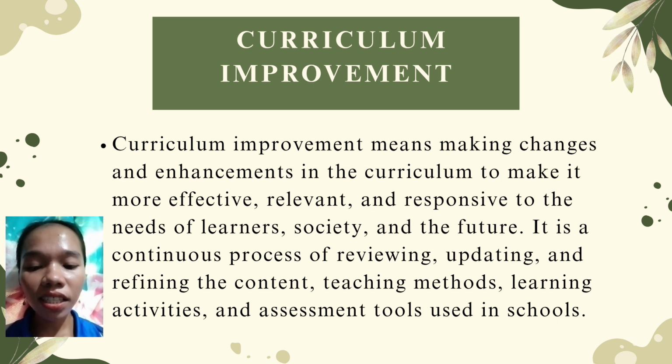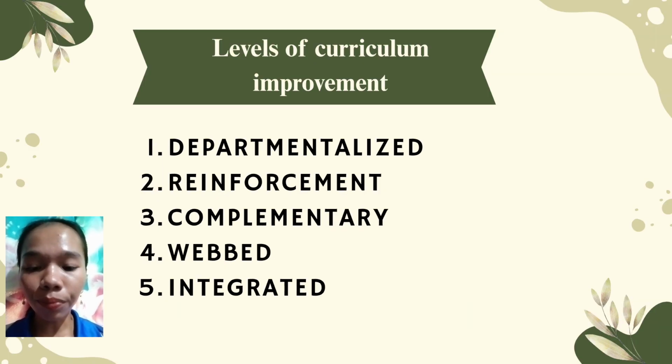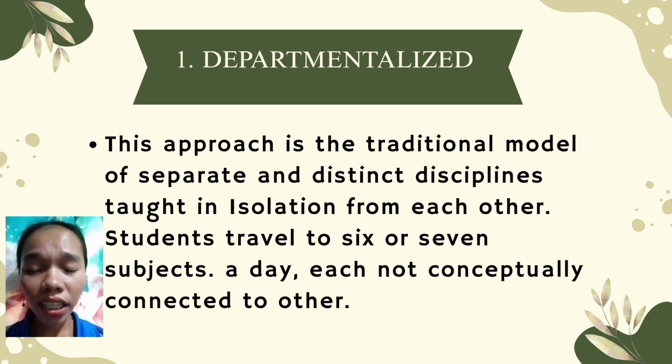This is the part on levels of curriculum improvement. There are 5 levels of curriculum improvement. So one is departmentalized. What is departmentalized? A departmentalized curriculum is a traditional approach where each subject is taught separately by different teachers and lessons are not linked to one another.